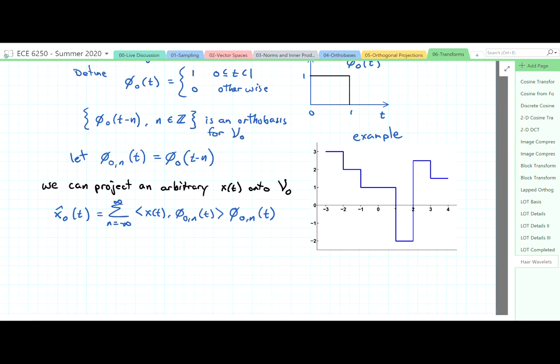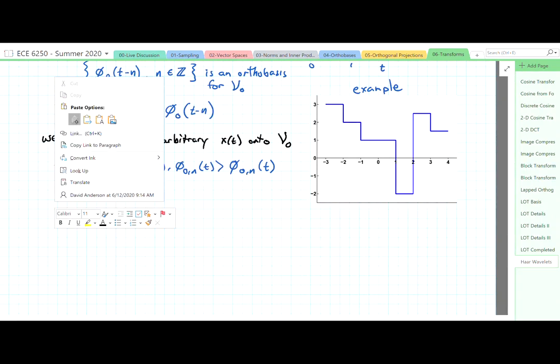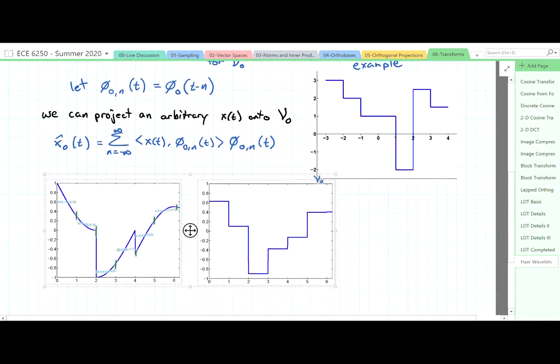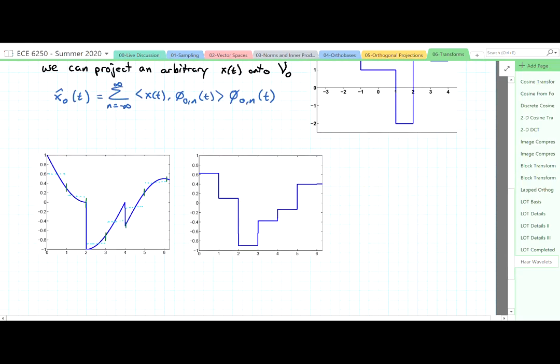And so we take the inner product, and we might have something like this example where we take our signal x of t and we find the average values at integers.